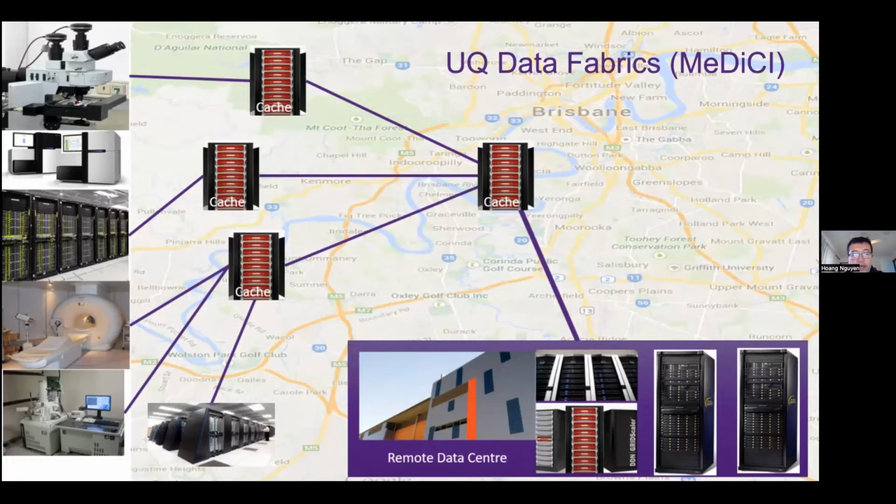And there are multiple caches in the main campus, big enough to hold active data. Importantly, the data can be accessed at different locations using different protocols and via different devices. The system is responsible for recalling the data if it's not in a certain cache, and flushing the data if it's not active anymore.